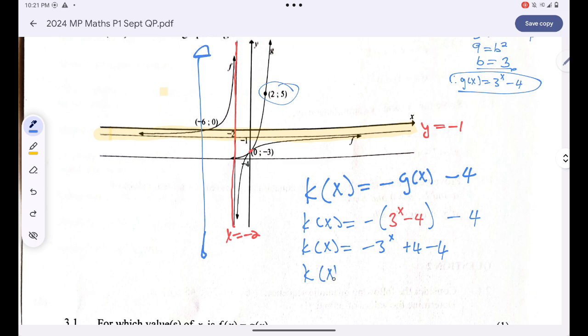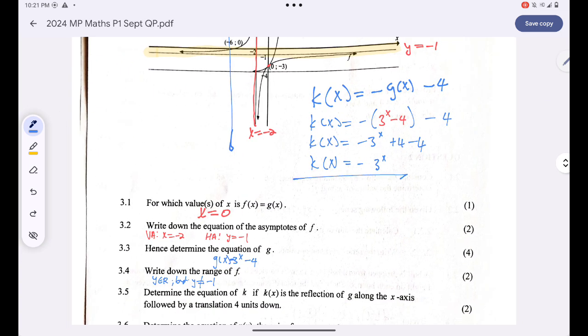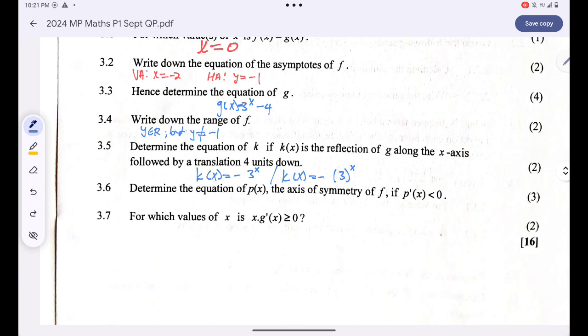K of x is just equal to negative 3 to the power x. So that's how you're supposed to write the equation of k of x. K of x is equal to negative 3 to the power x.